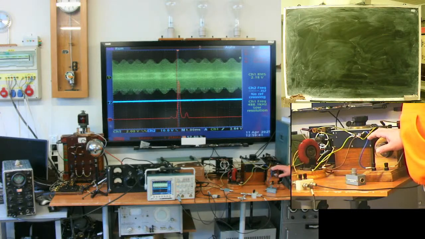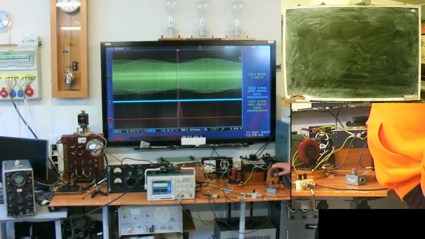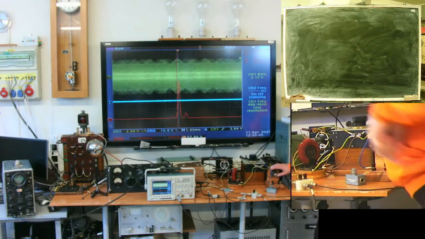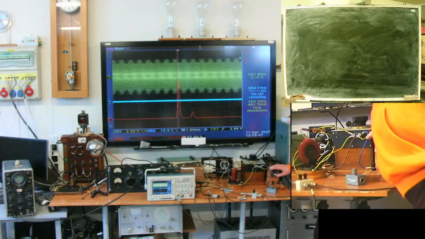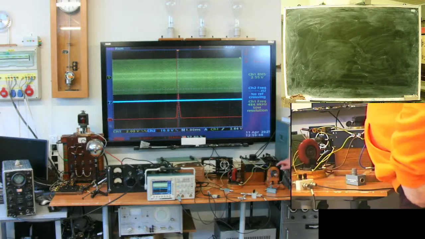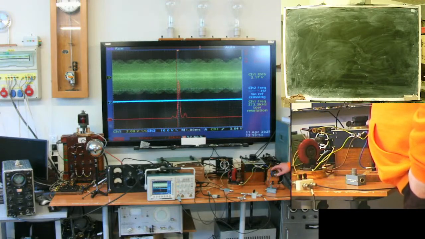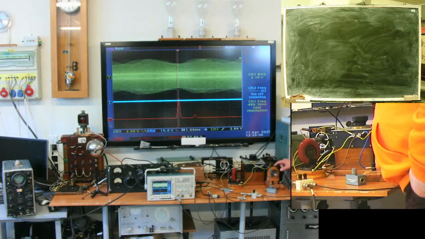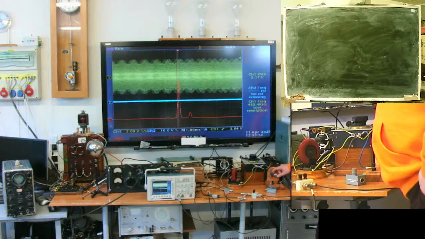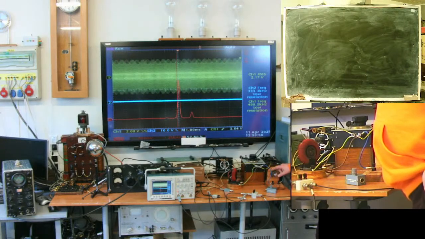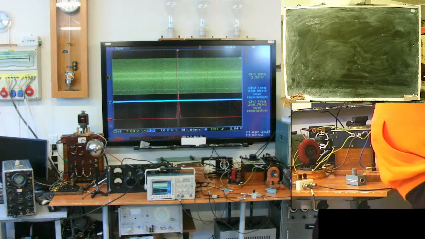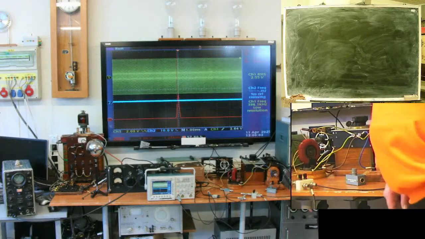This changes its frequency. And you see what emerges? See these two side lines? What can the frequency be? Plus delta omega, minus delta omega.